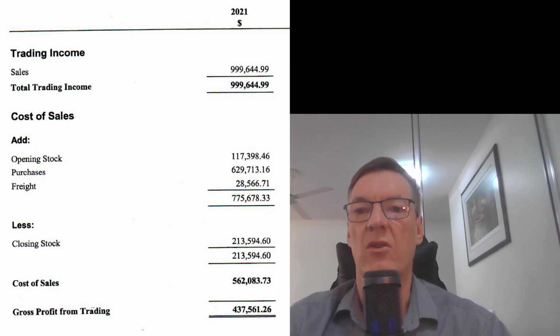And during the whole year, they had purchased $629,000. And then there's $30,000 worth of freight. So that's essentially the stock that's coming in and out. And then they have a closing stock figure, which gives you a total cost of sales. So for that $1 million, it cost them almost just over $500,000 to produce that income.